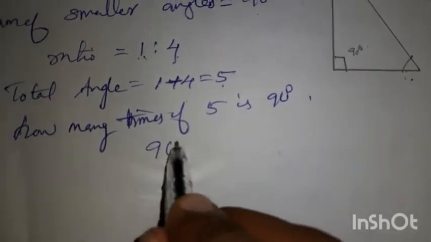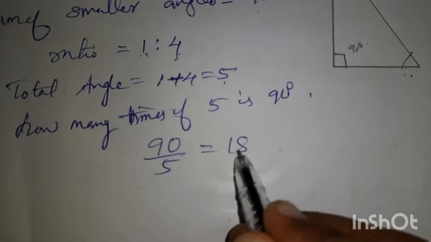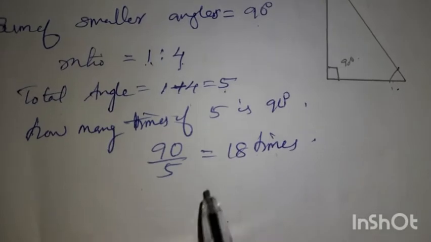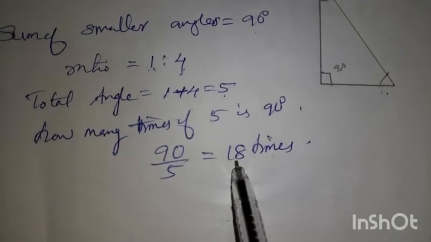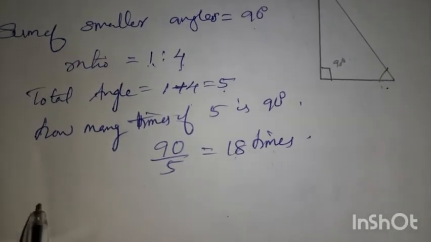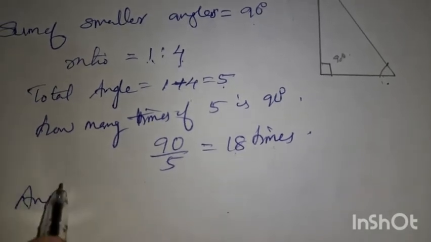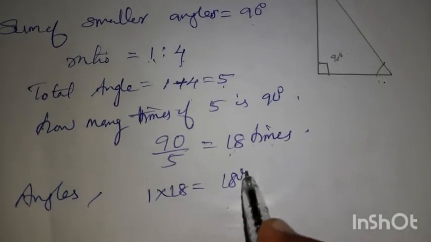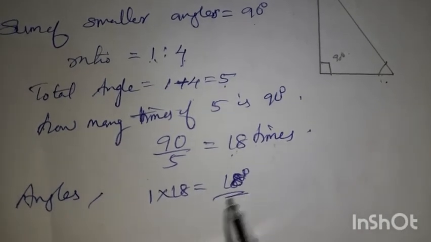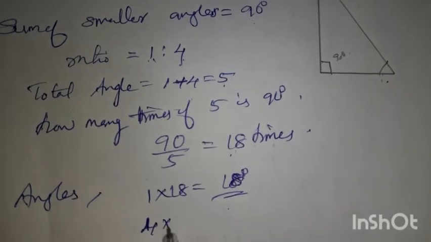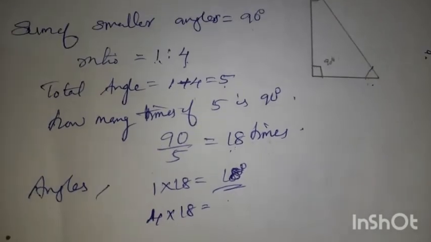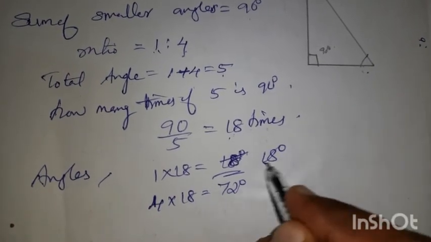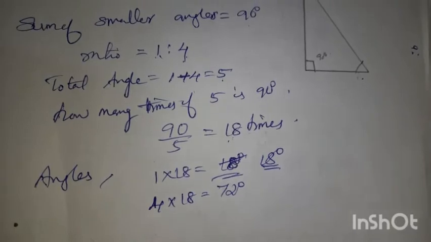So you divide 90 by 5 and you get 18. Then you multiply with 18 to get each angle. 1 into 18 is 18 degrees. Next, 4 into 18 is 72 degrees. So the angles are 18 degrees and 72 degrees.